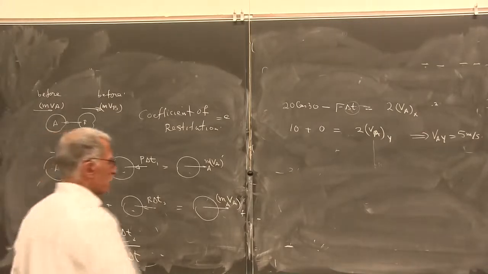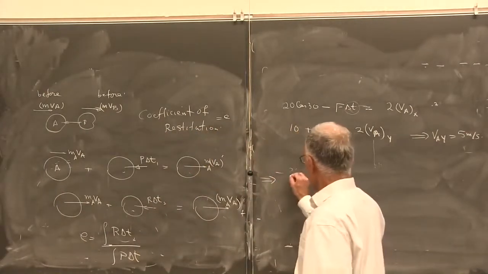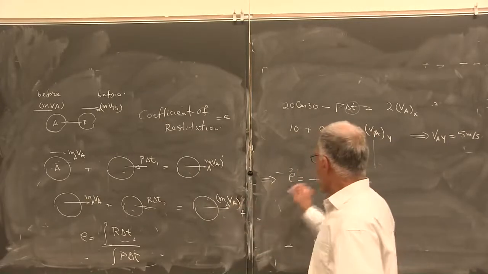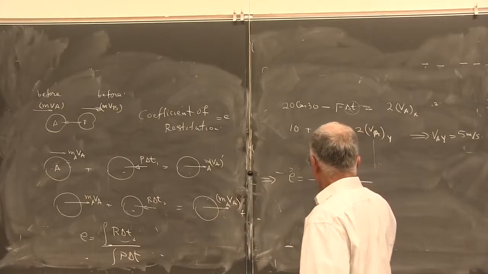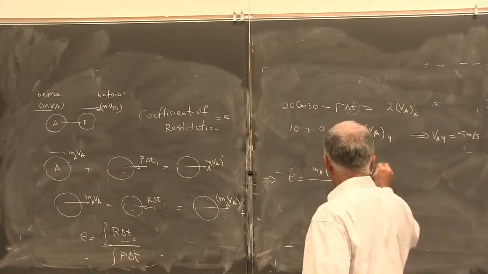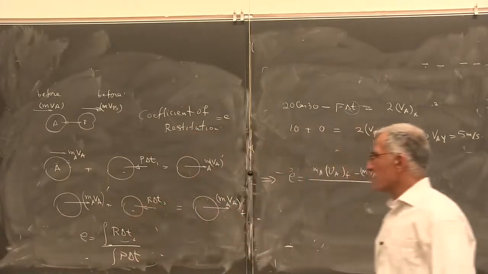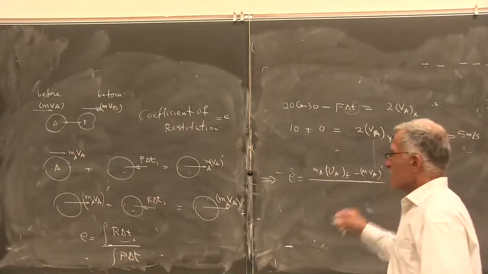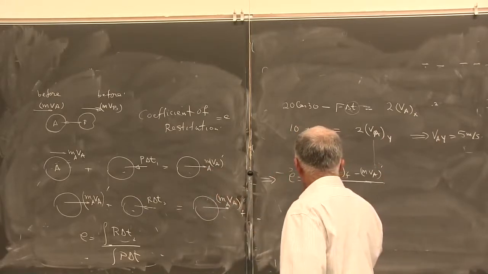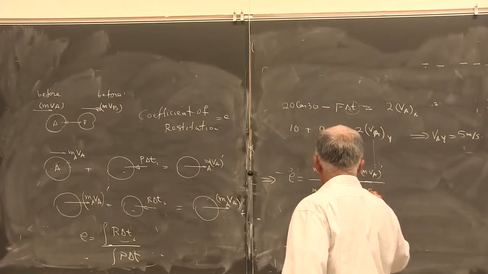So if you just go ahead and do this one, the coefficient of restitution is defined as E equal to, for particle A, MA VA final minus MA V prime, that's an intermediate velocity that you obtain, divided by MA V prime minus MA VA.